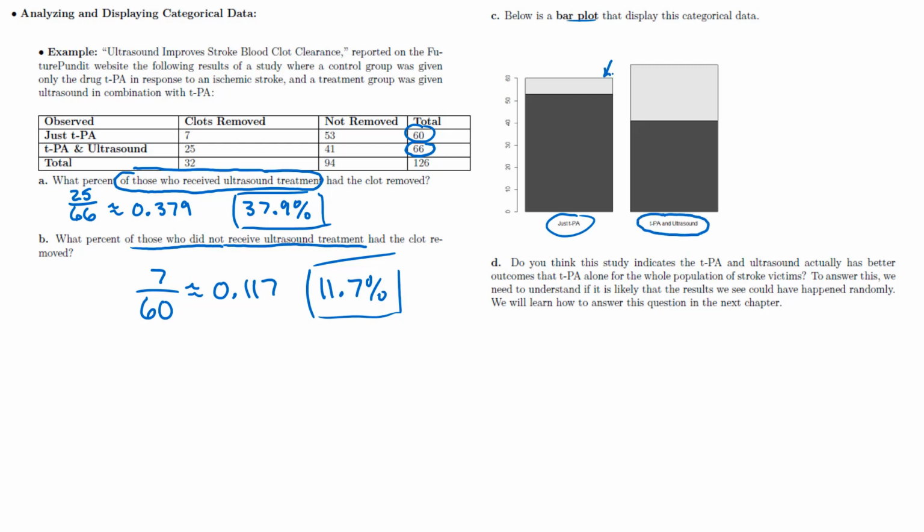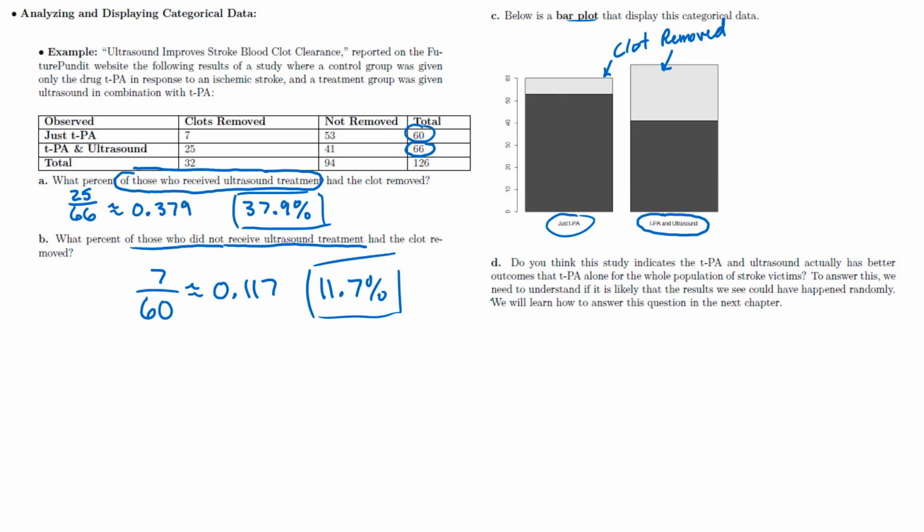And this means that the clot was removed. And so you can really see that the 37.9%, right, the white part is 37.9% of the total. And it certainly looks like this white part is about 11.7% of the total. That seems right.